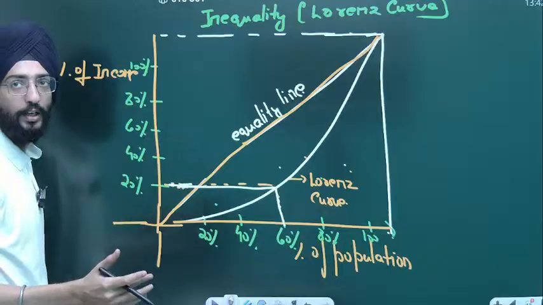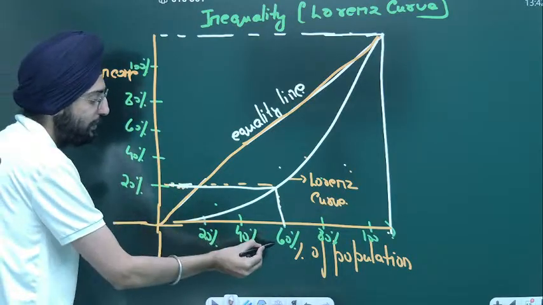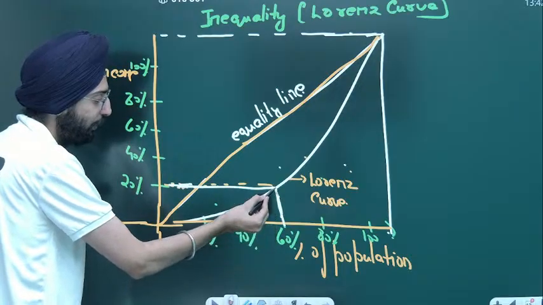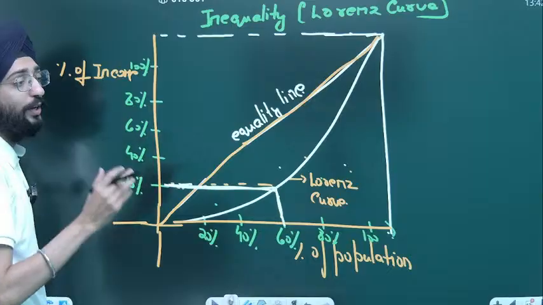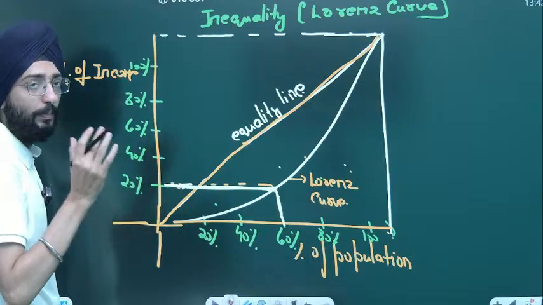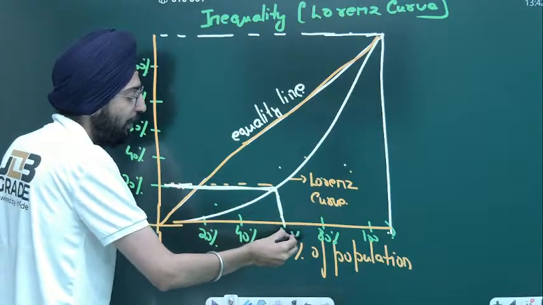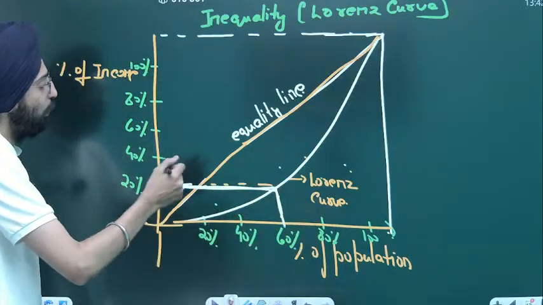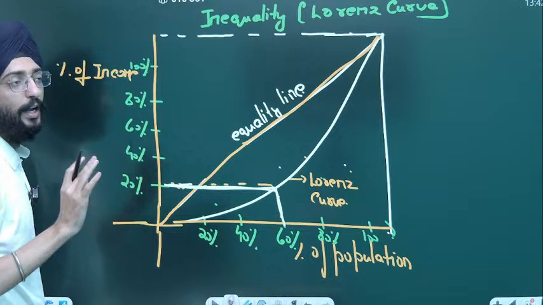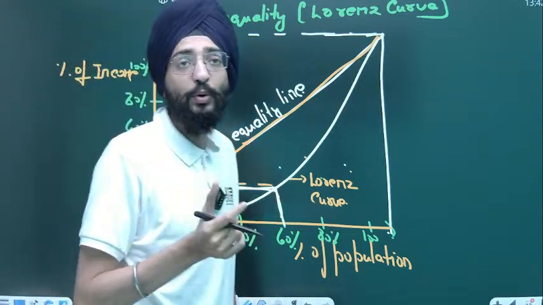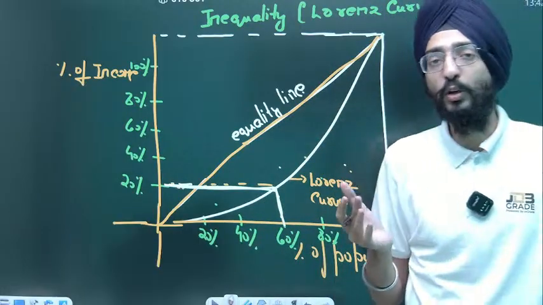That's how inequality is depicted in a Lorenz curve. 60% of the population holding 20% of income is way too little. That's complete inequality when you represent India. That's why we show that India is unequal. It doesn't offer equal opportunities to every person.